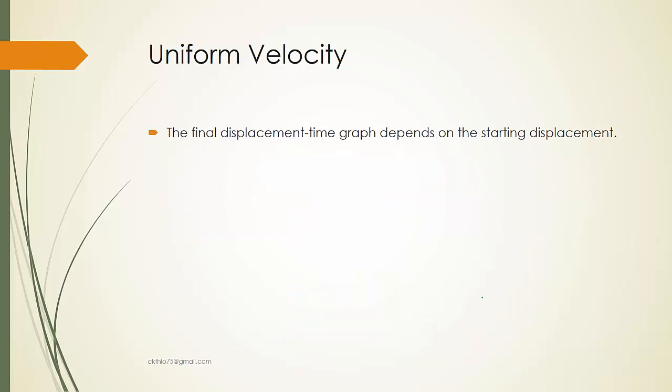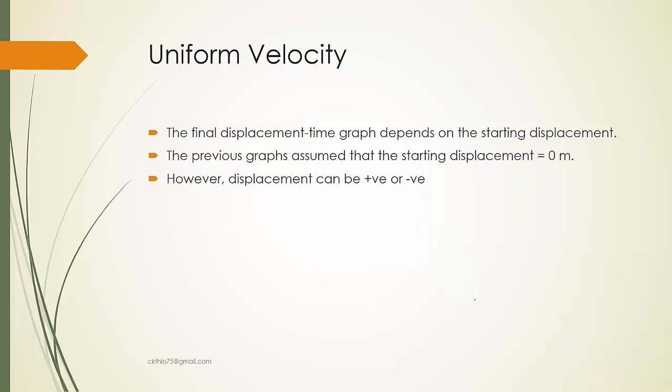But that's actually not the final displacement-time graph, because it really depends on the question itself and the starting displacement. The previous graph actually assumed that the starting displacement is 0, but it could be others. It could be positive or negative. So if you have a positive velocity but a different starting displacement, positive or negative, what you simply need to do is shift the entire line up or down.